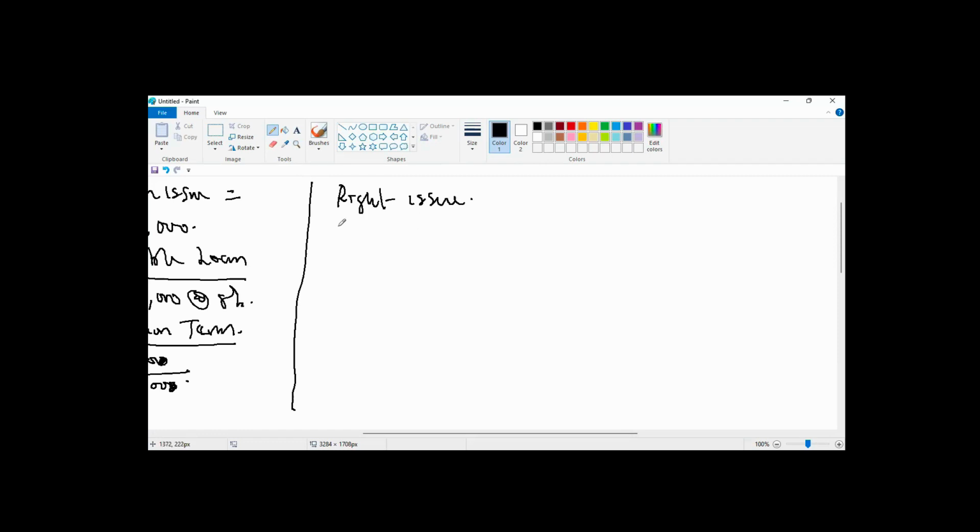The market price per share is 3 naira 60 kobo.